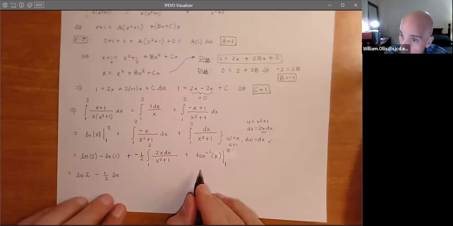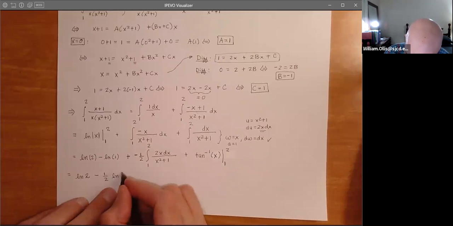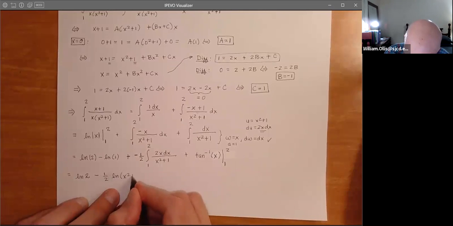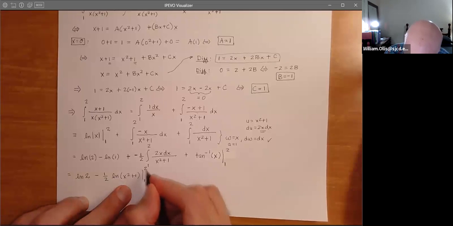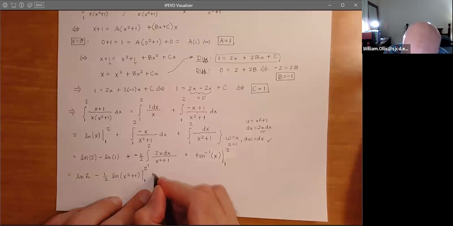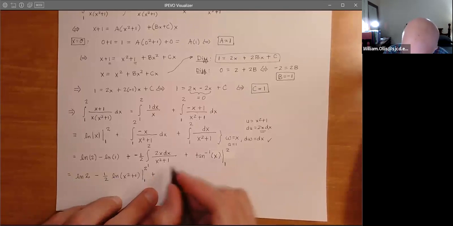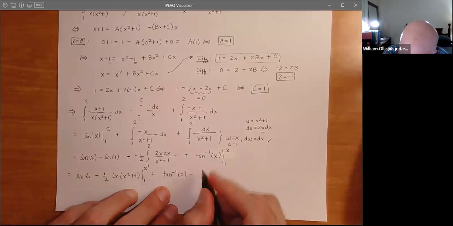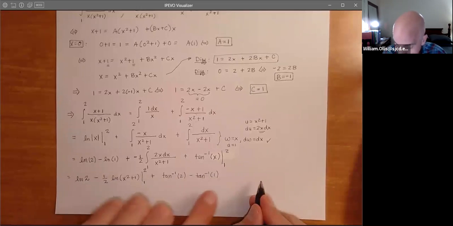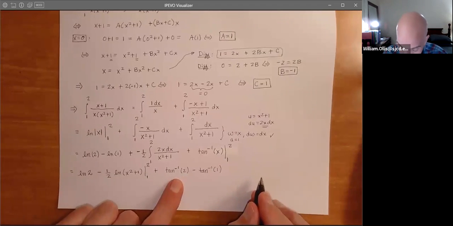But that's always positive, so we can just write that as x squared plus 1, evaluated from 1 to 2. Then we have plus, using the fundamental theorem of calculus here, inverse tangent of 2 minus inverse tangent of 1. And of course, we know that's pi over 4, but we don't have a nice value for inverse tangent of 2.